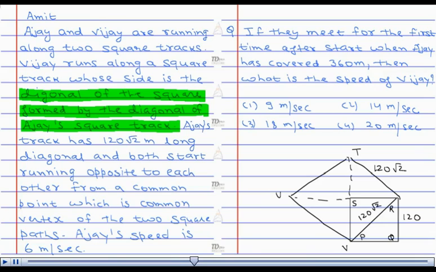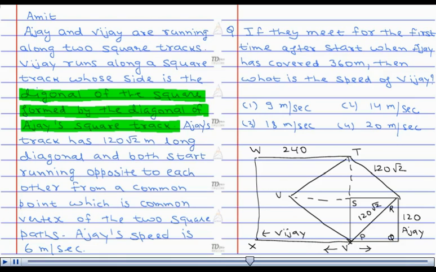The square will be TWXV, whose side is root 2 times 120 root 2, that is 120 root 2 into root 2, which is equal to 240. Now, Ajay and Vijay will be moving from point P in opposite directions. So, Ajay will move along the path PQRS and Vijay will move along the path VXWT. This is the required diagram.